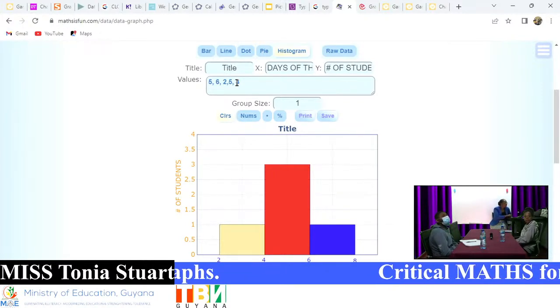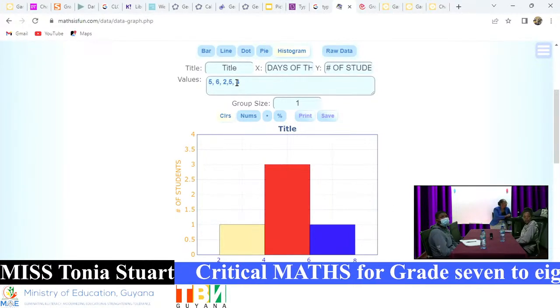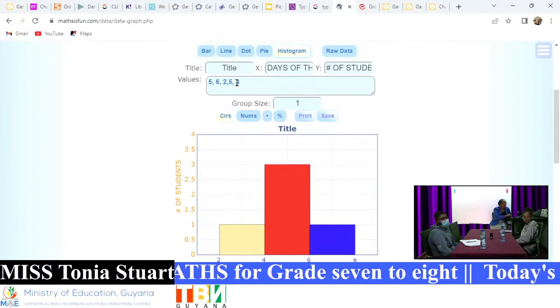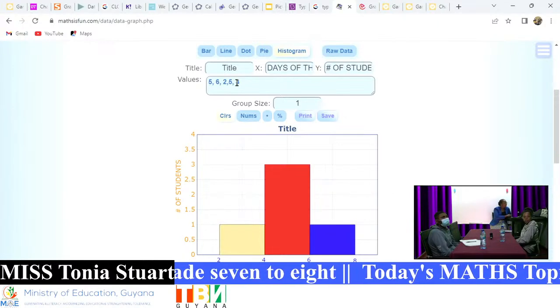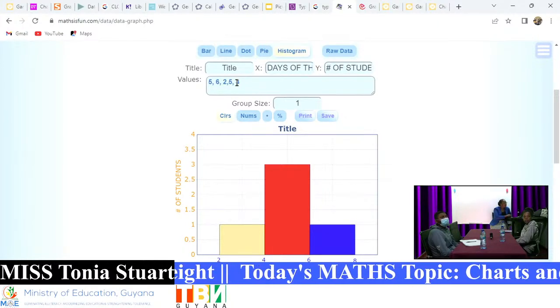Let's use days of the week. We could probably use even ages. So we have, at 4 to 6, students that are 3 years old.